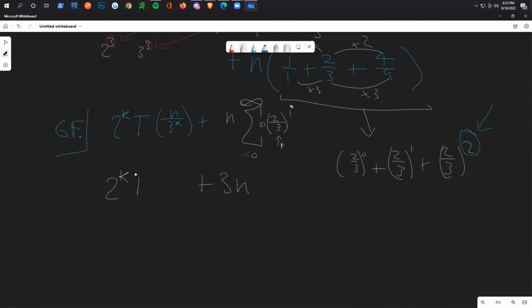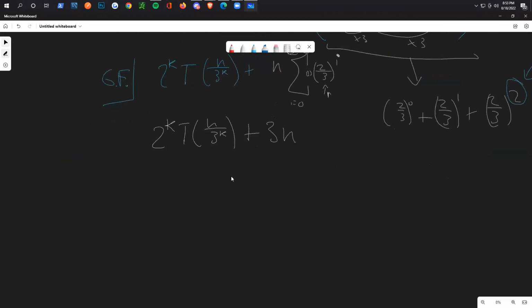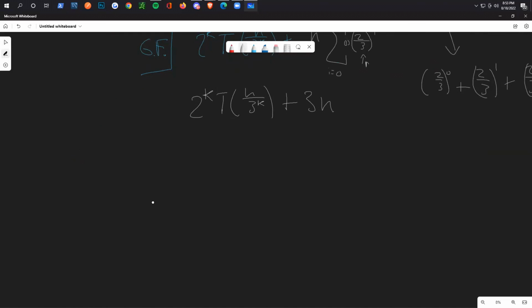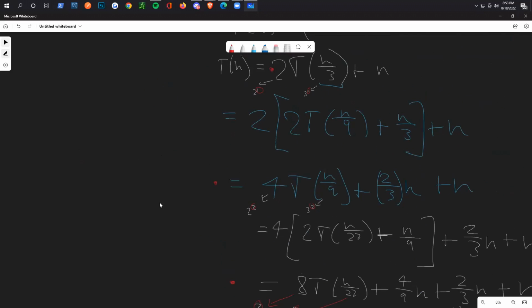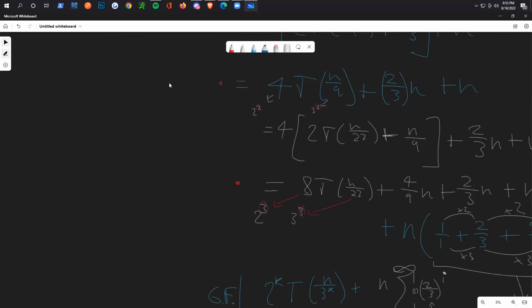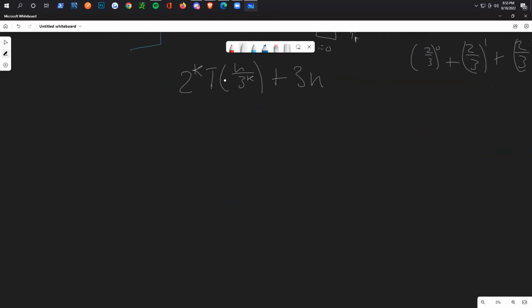So now we still have our general form. And now is when we're going to actually start doing stuff with the general form. So at this point, our general form, let's just see what our base case was. T of 1 equals 1. So set the values inside of the T's equal to each other. So we're just going to have 1 equals n over 3 to the k, okay, that's not an n, that's a 2.